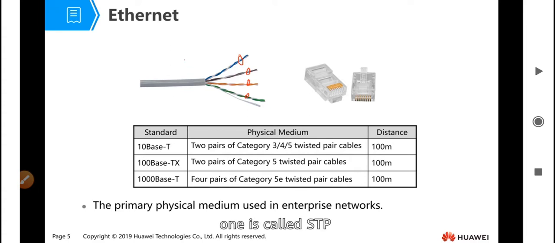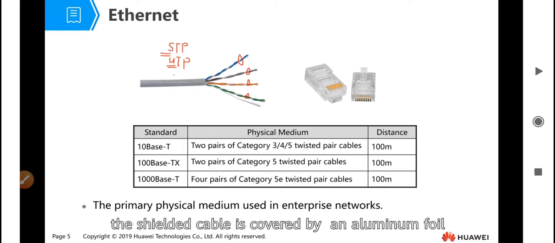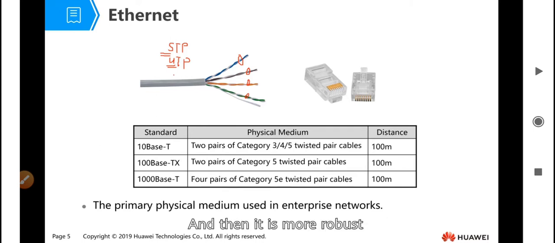One is called STP, and another is called UTP. STP means shielded, and UTP means unshielded. The shielded cable is covered by an aluminum foil, and is more robust against magnetic interference.